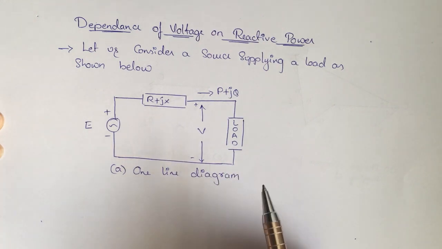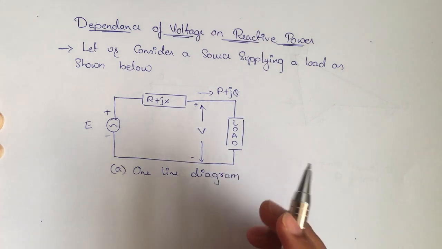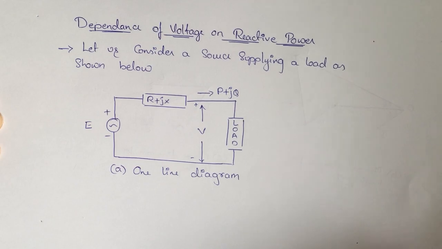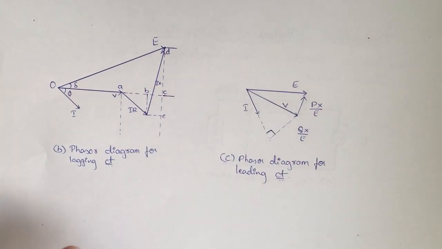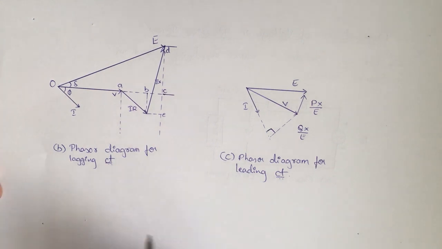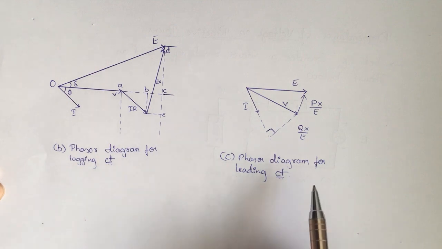For this one line diagram, if we draw the phasor diagram, it will be like this. Here you can see the first phasor diagram is for lagging current and the second one is for leading current.